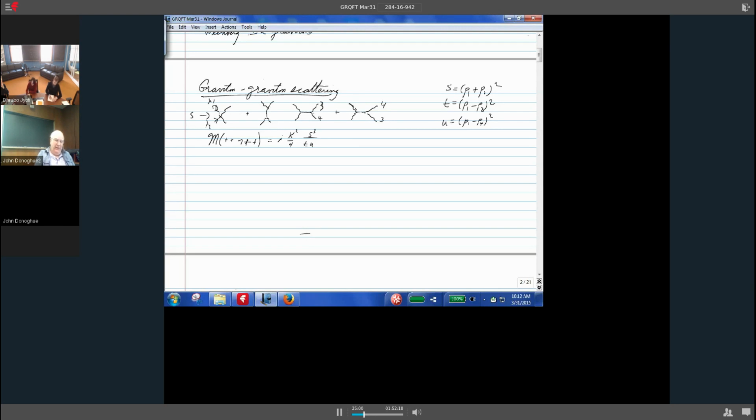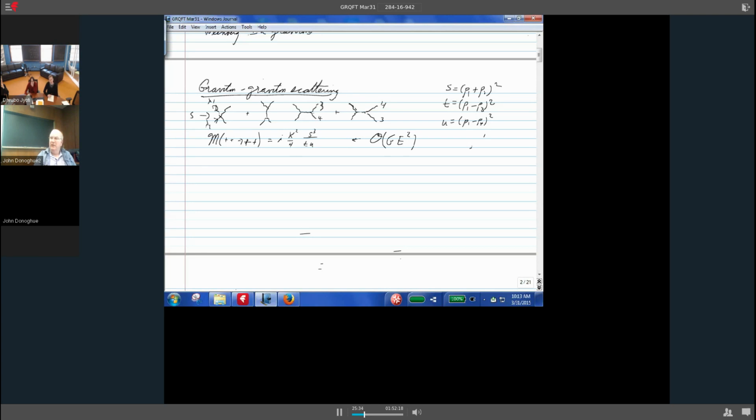So this is something that makes you think that there's something simpler to do than just write out those Feynman rules. The actual amplitude simplifies very much. This is a dimensionless amplitude, so just because I'm going to count powers here. If you think of S, it goes like energy squared, T and U go like energy squared. This is of order G energy squared, which is then dimensionless.